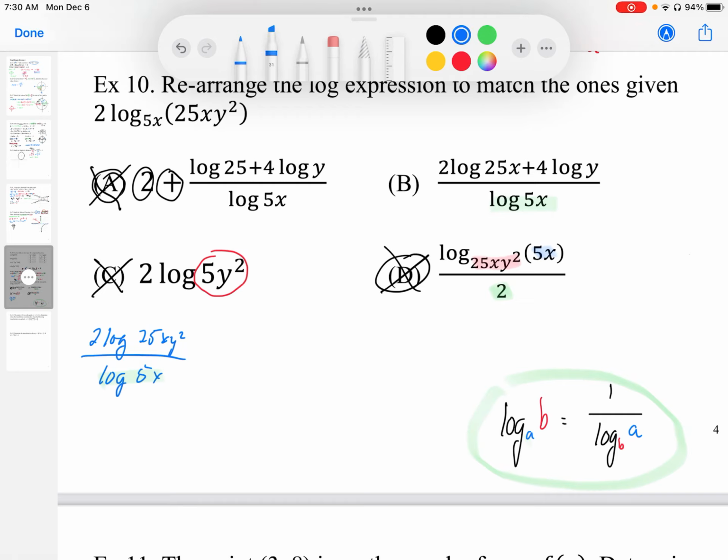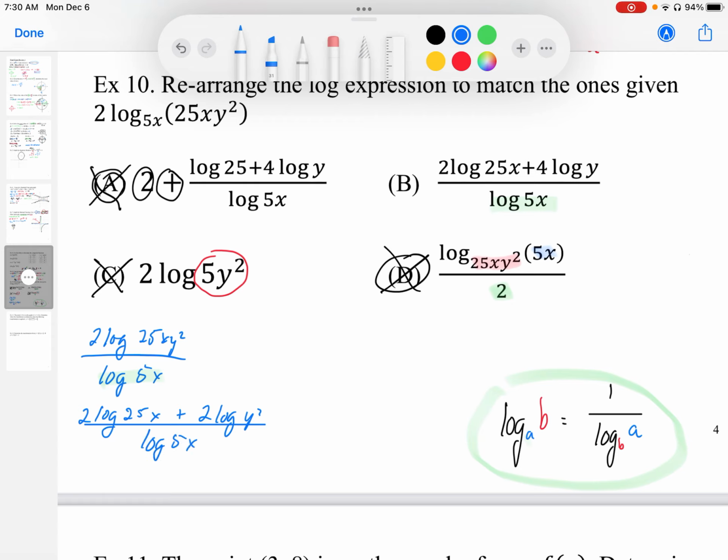My next step is to split off the 25x from the y squared. So this becomes 2, and that 2 applies to both logs, so we end up with 2 log 25x plus, since it's multiplication, 2 log y squared. That's all over our log 5x.